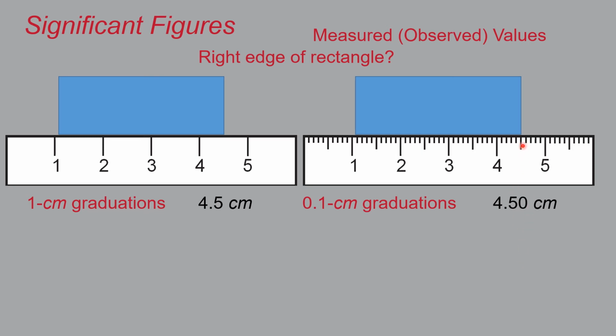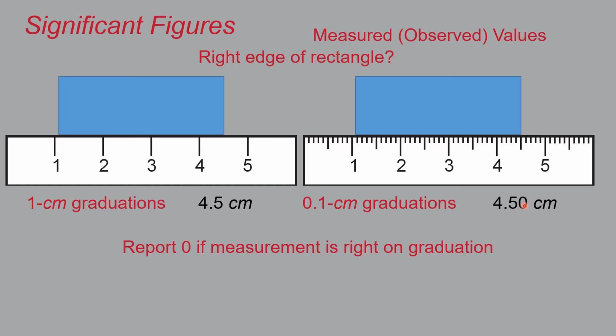I engineered it so the right edge is right smack dab on the 4.5 mark. If you are sure that it's 4.5 and not 4.49 or 4.51, you're estimating it to be exactly on the 0, you need to include that. So that 0 is significant.